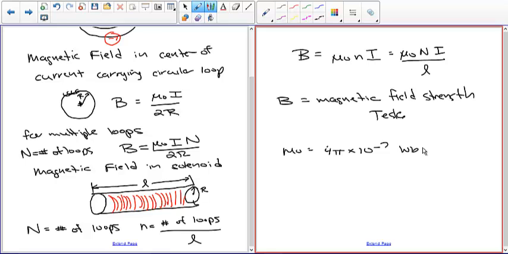The book has WB/A times M. I'll explain that in a second. N, we already defined, number of loops. So I don't need to define the rest. I already have those defined. L is the length of the solenoid, in meters.